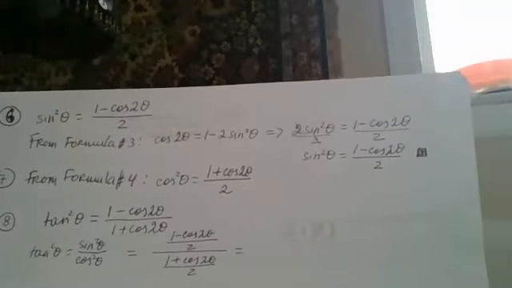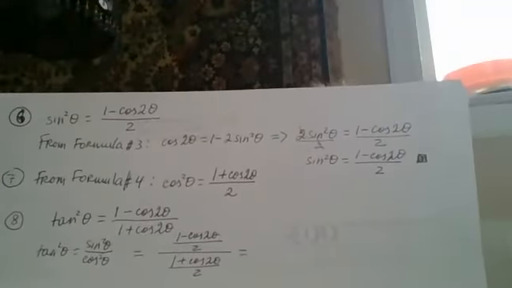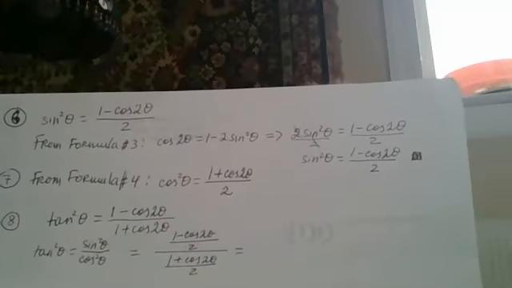Right? And now I will divide fraction by fraction. How do we divide fraction by fraction? We keep the first fraction unchanged, and we convert this into multiplication by the reciprocal of the second one. We will cancel what we can cancel.